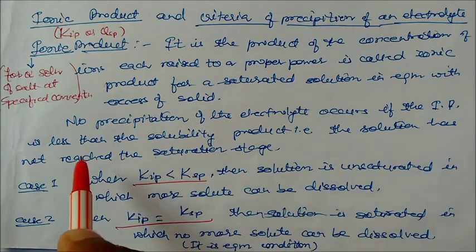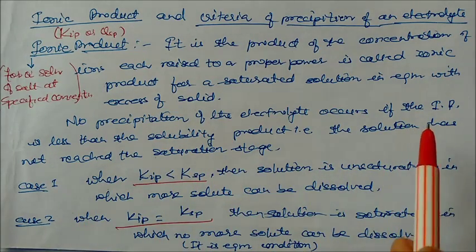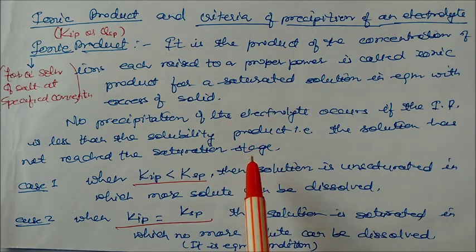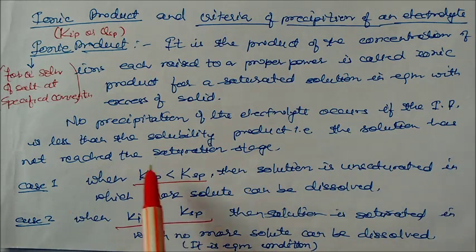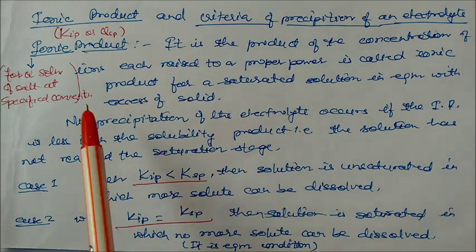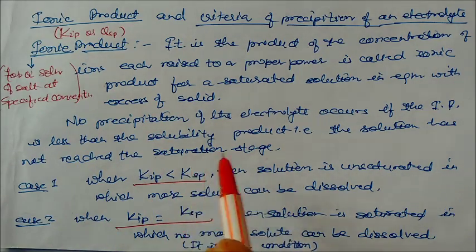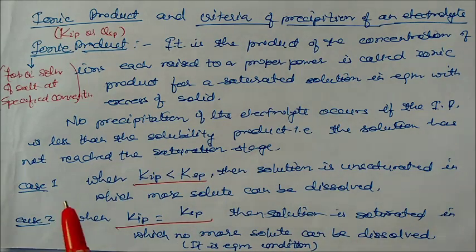In this case, no precipitation of the electrolyte occurs if the ionic product is less than the solubility product, because the solution has not reached the saturation stage, so more will still dissolve in the solution.